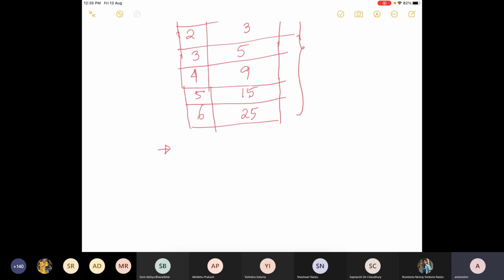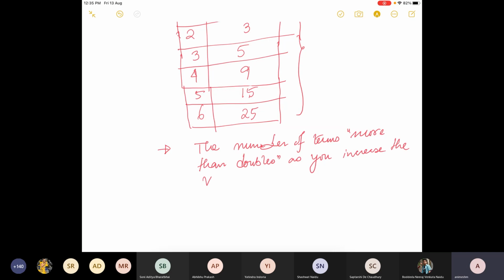So if I say that the number of terms more than doubles as you increase the value of n by 1.